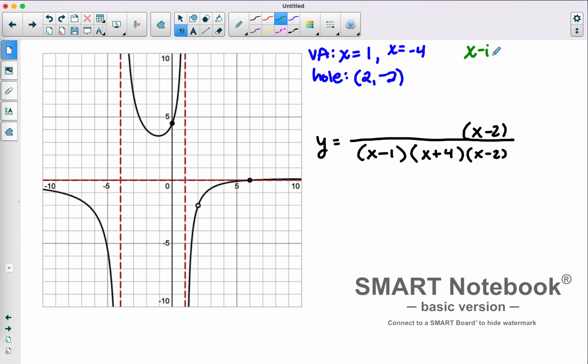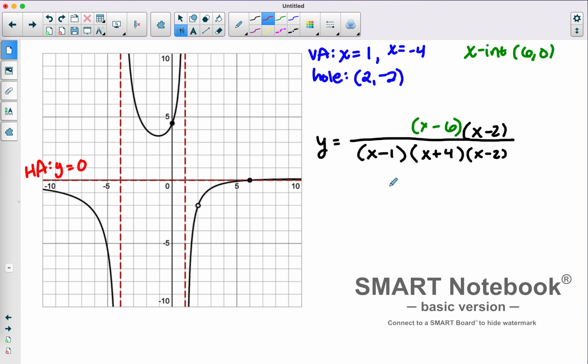We have an x-intercept sitting over here at (6, 0). That means I would have a factor of x minus 6 in the numerator. There are no other holes. There are no other vertical asymptotes. We only have this horizontal asymptote left.